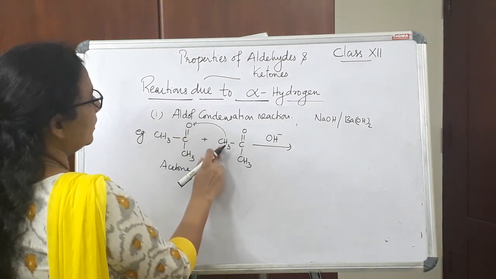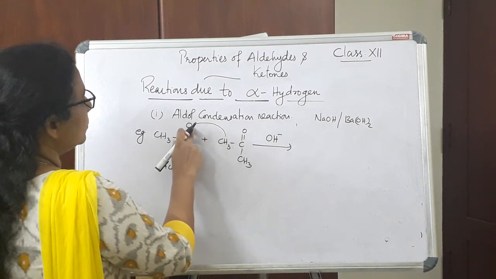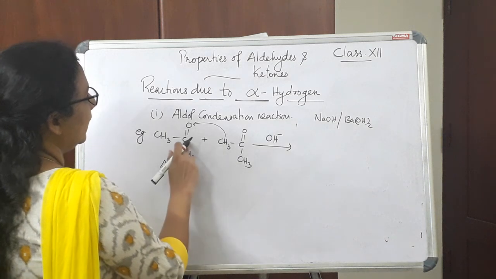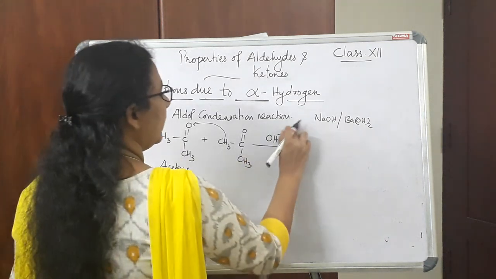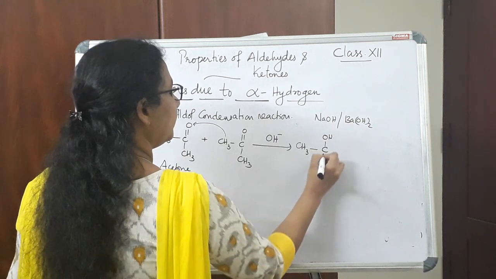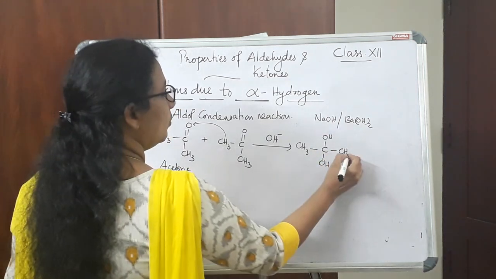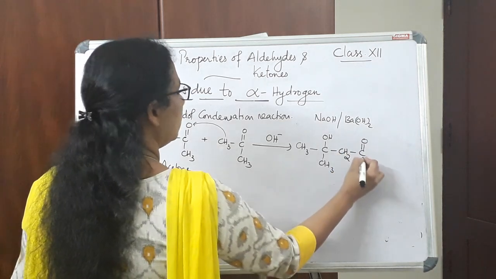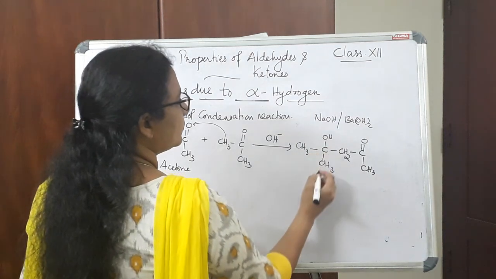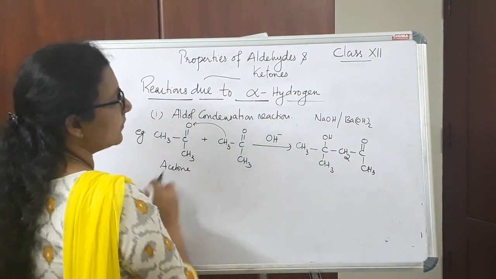From the second molecule one alpha hydrogen moves towards this oxygen, and the rest of the part will be attached to this carbon, and the product in this case will be CH3COH(CH3)CH2C=OCH3. So this is from acetone, so it is from ketone.